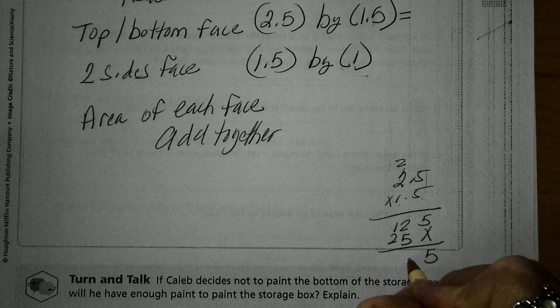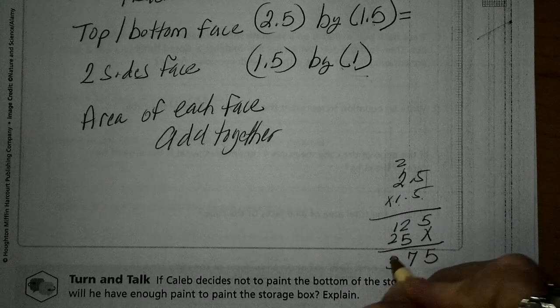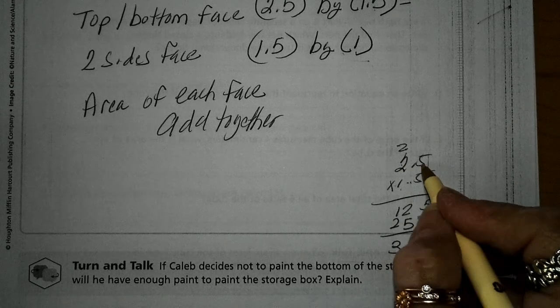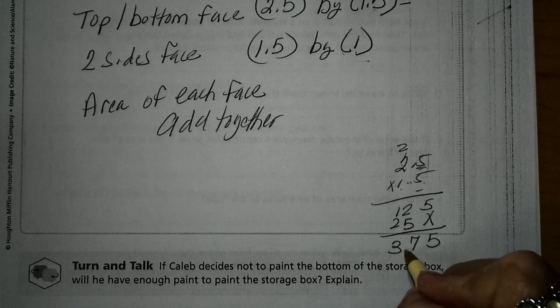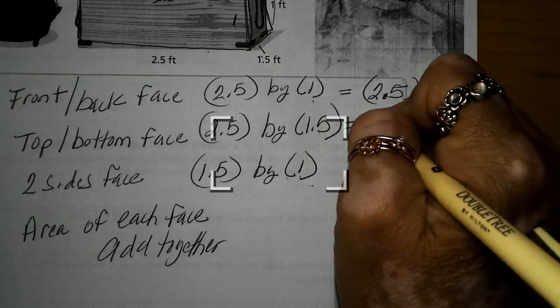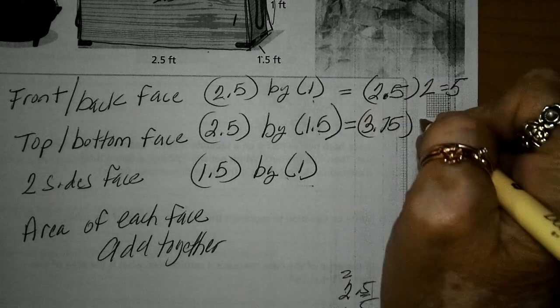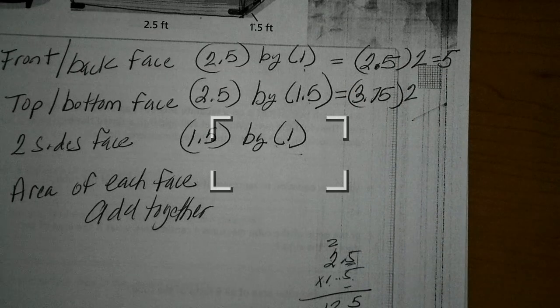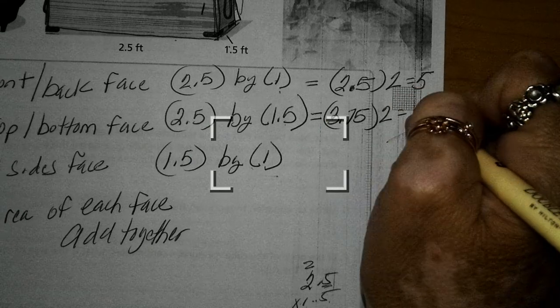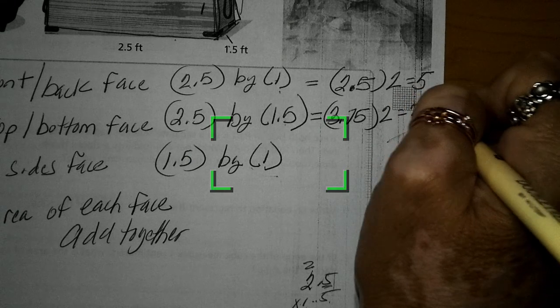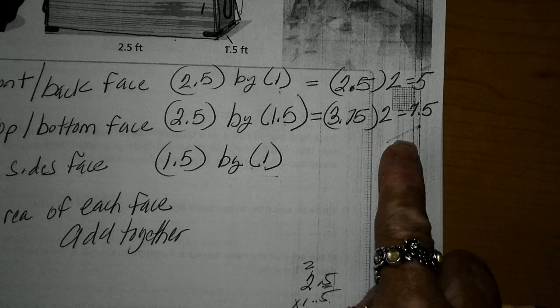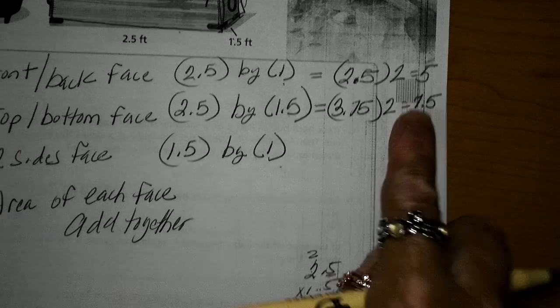So 5, 7, 3. 2 decimal places, right? So 3.75 times 2. So that would give me 7.5. So the top and the bottom is a total of 7.5.